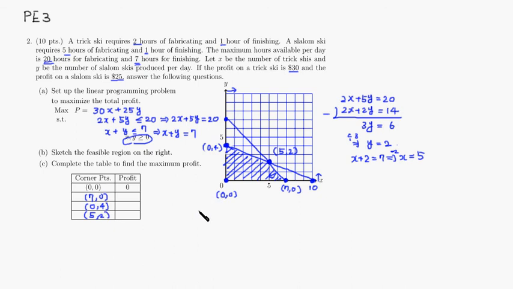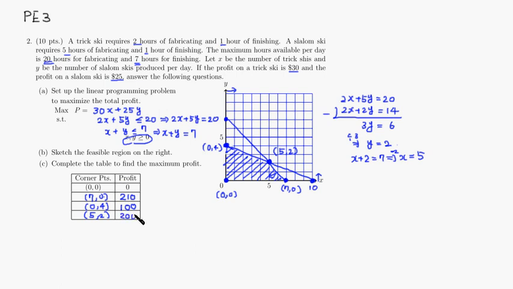Then we want to find the profit at each corner point. At 7, 0, I plug it in: 30 times 7 plus 25 times 0. 30 times 7 is 210, so it's 210. At 0, 4, 30 times 0 plus 25 times 4 is 100. At 5, 2, 5 times 30 is 150, plus 25 times 2 is 50, so it's 200.